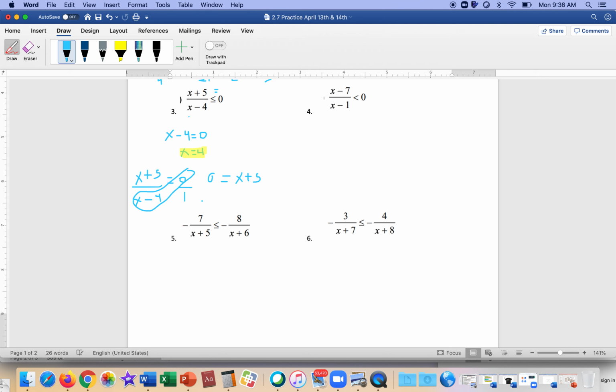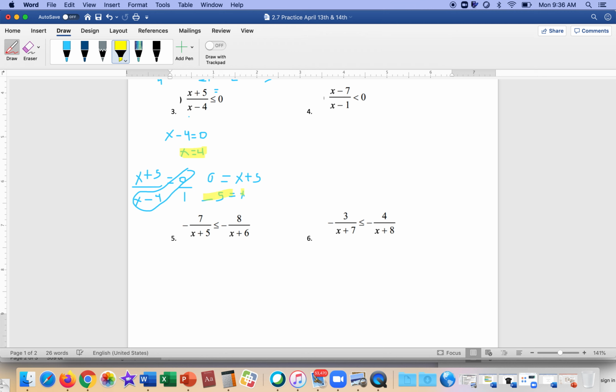And when I solve that, I would get negative 5 equals x. So my other critical value is negative 5. And then when we go to do our number line, we have our critical values on our number line. So we would have negative 5 and 4.